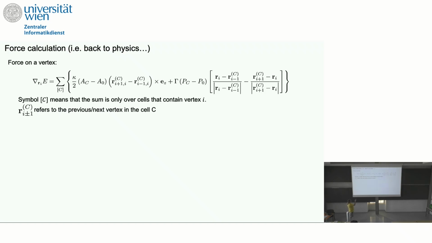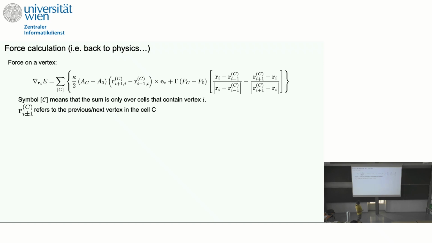So I take all the cells that are shared by this vertex, so I go over 3 or 4 cells that are shared by this vertex. And then I calculate the lengths of the 2 edges that are connected to that vertex in that particular cell. So this is going to give me the area term.